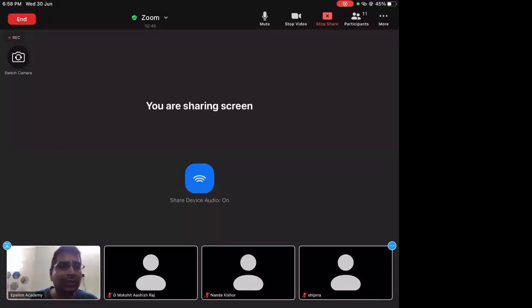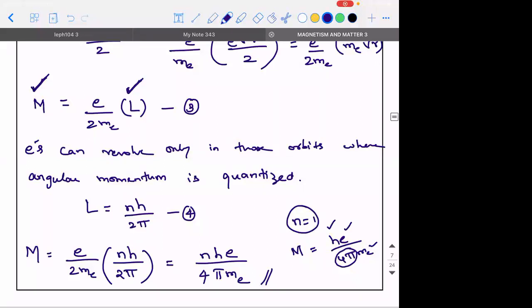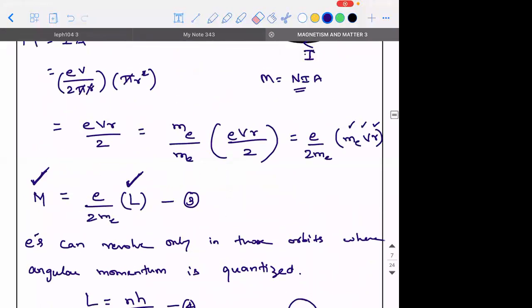Since they are always in opposite directions, if I write m as a vector quantity, then m vector will be equal to e divided by 2m into minus L vector.